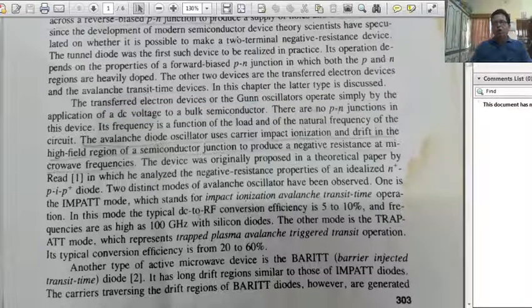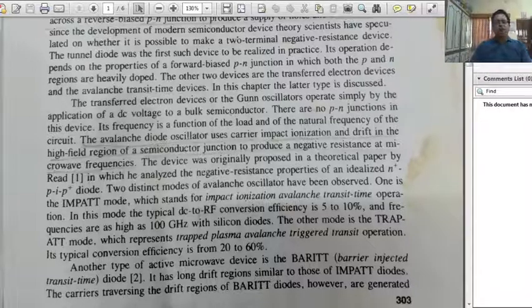There are no p-n junctions in this device. Its frequency is a function of the load and the natural frequency of the circuit.